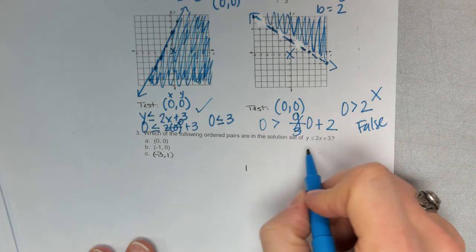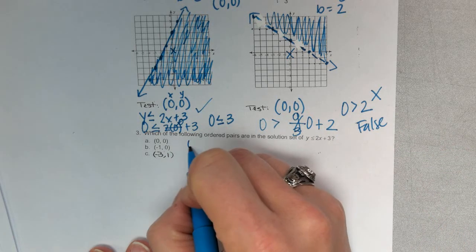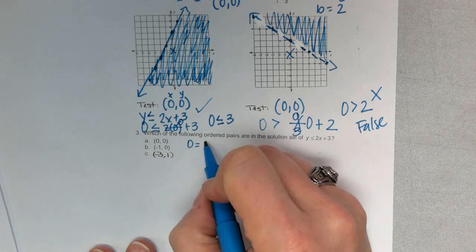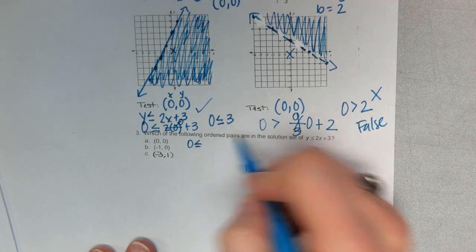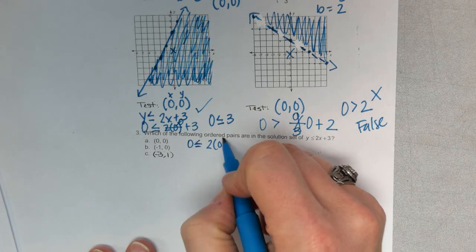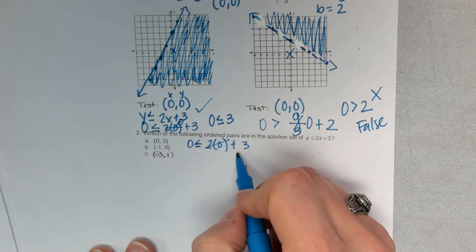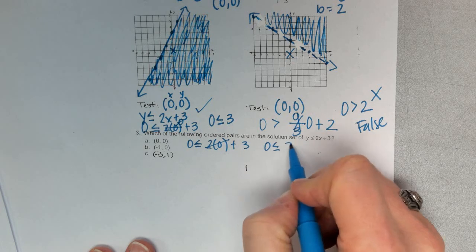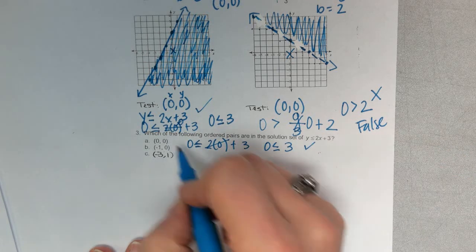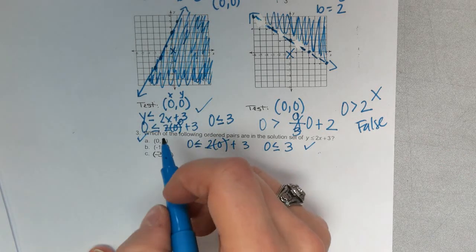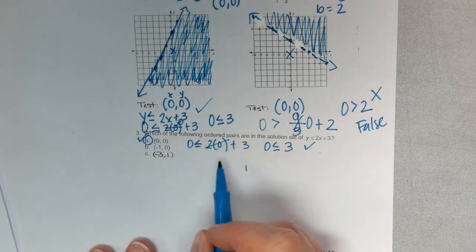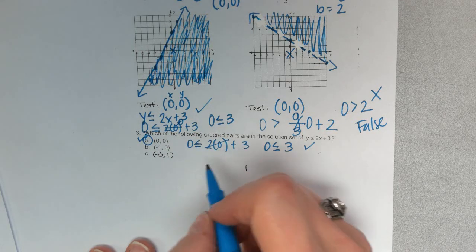Let's do that one first. 0 is less than or equal to 2 times 0 plus 3. So we get 0. Is 0 less than or equal to 3? Yes. This one's good. We could have more than one answer here, so we're going to keep going.